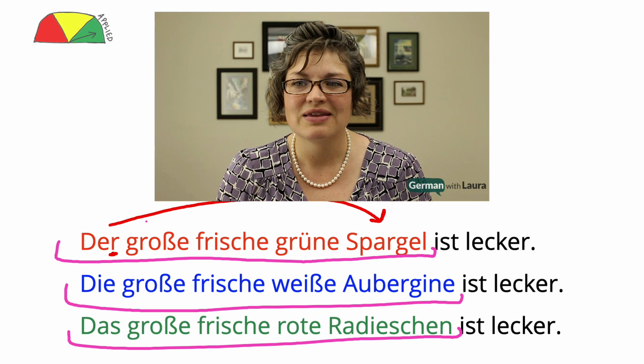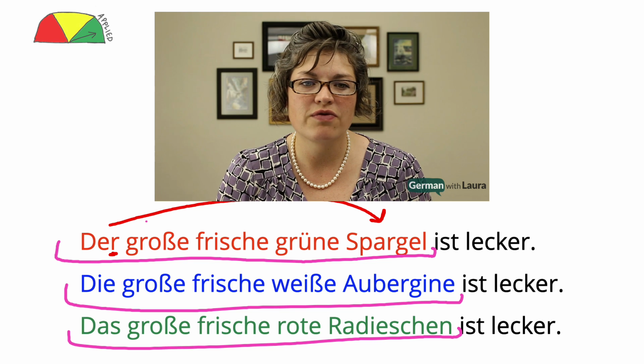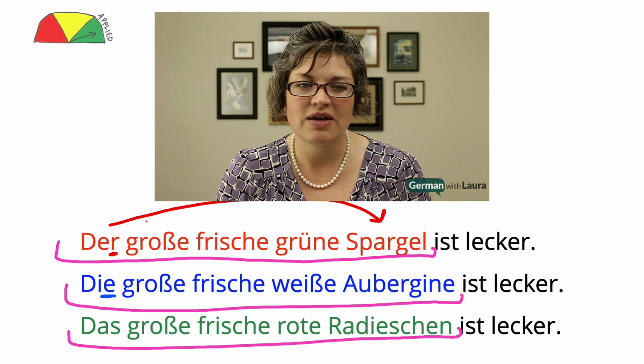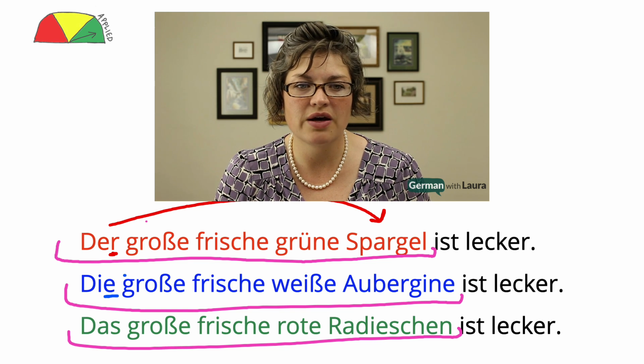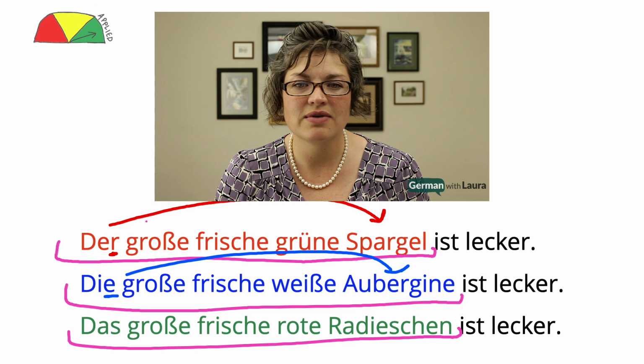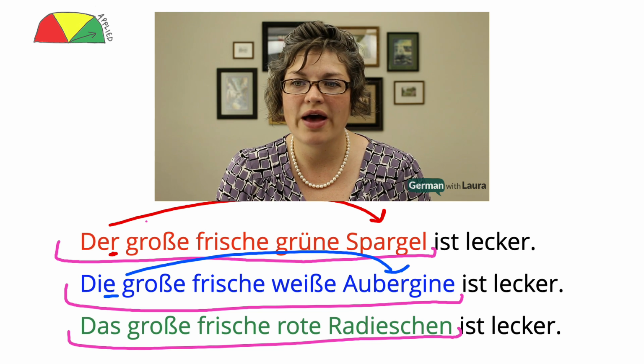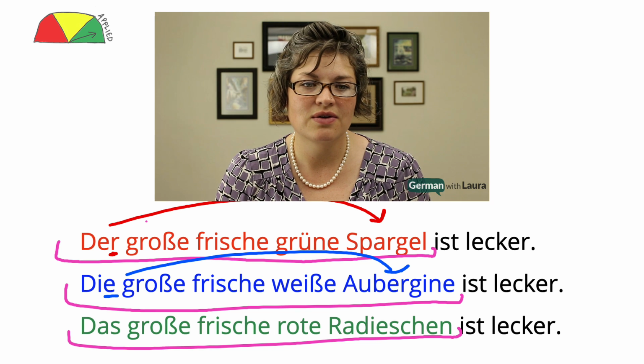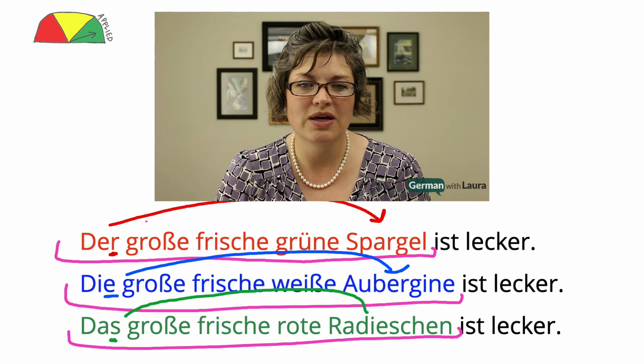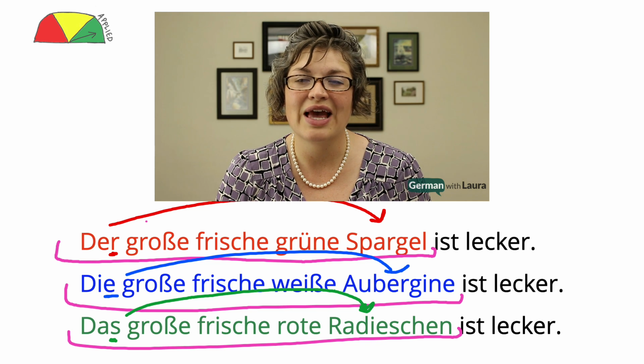Then we have the E as part of the word die. That is what it is in part because Aubergine is a feminine noun. So likewise, we have this S in das. That is what it is in part because Radieschen is a neuter noun.